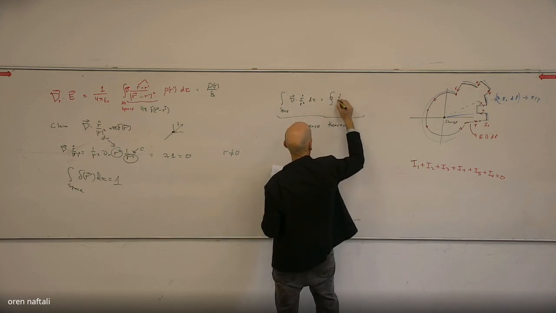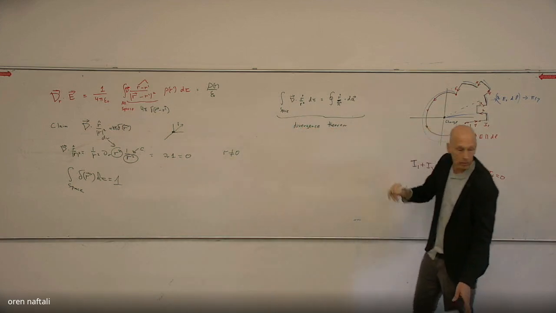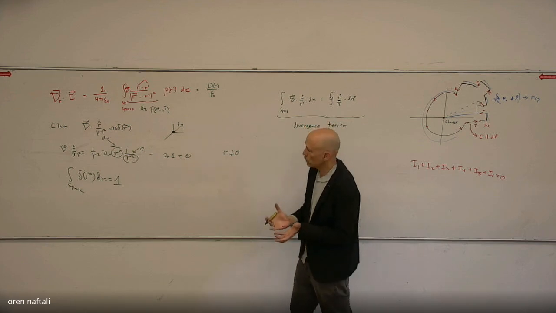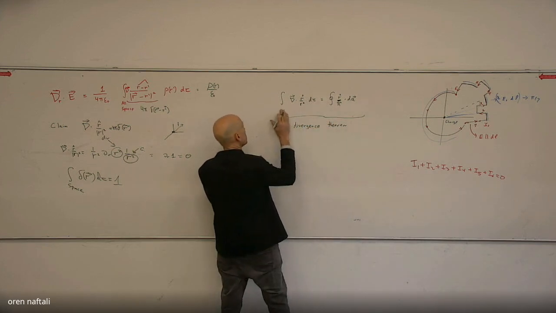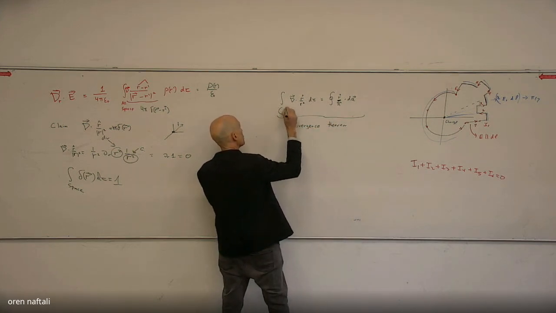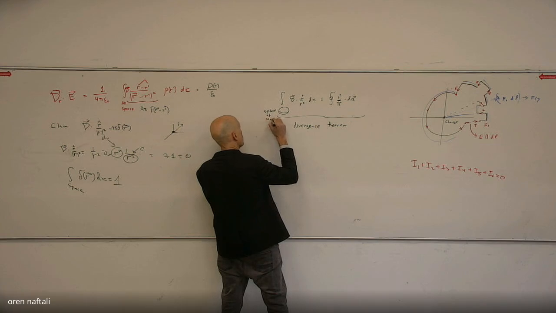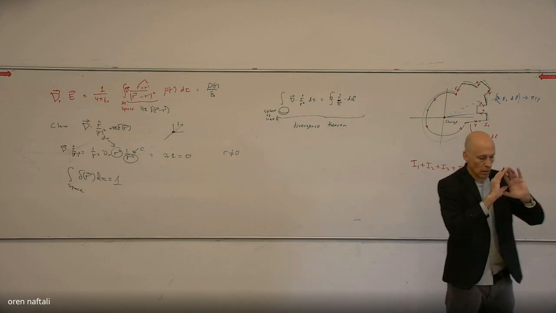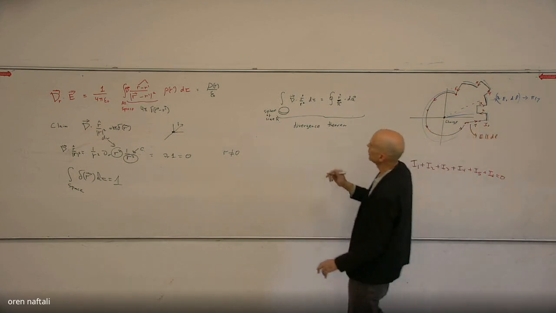This is r hat over r squared dot dA. Before I said all space, if I said that, delete it from the video, I meant we choose an integration. So let's say, over a sphere of radius r.